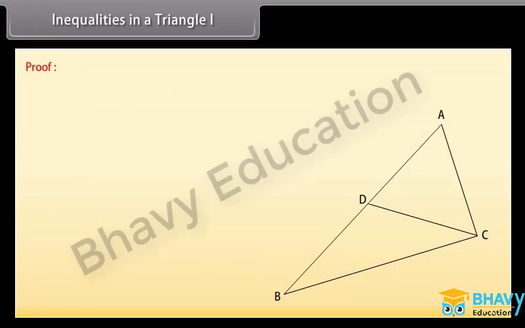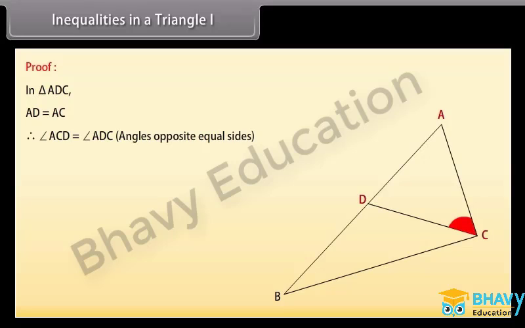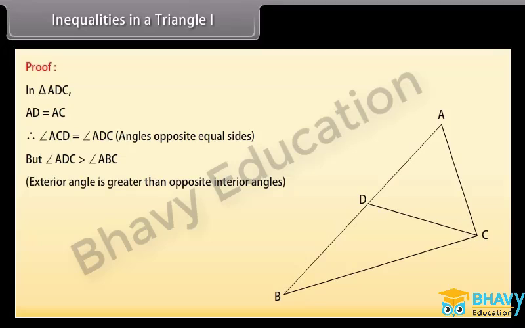Proof. In triangle ADC, AD is equal to AC. Therefore, angle ACD is equal to angle ADC because angles opposite equal sides of a triangle are equal. But angle ADC is greater than angle ABC because the exterior angle is greater than the opposite interior angle.